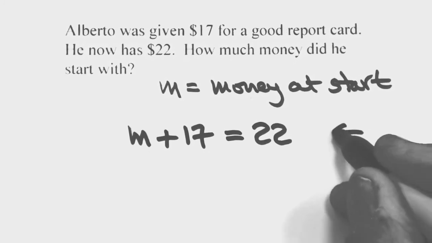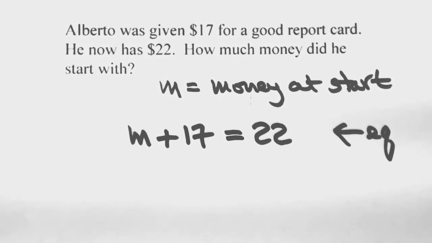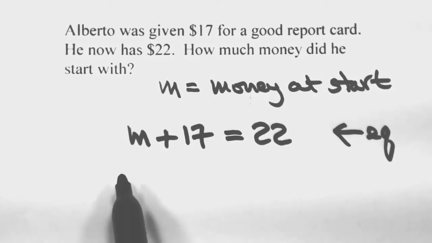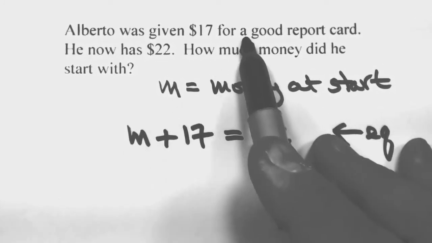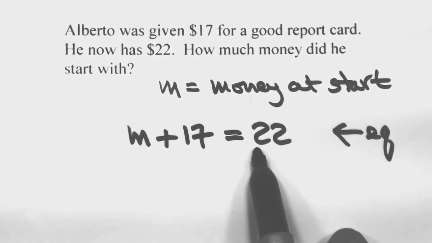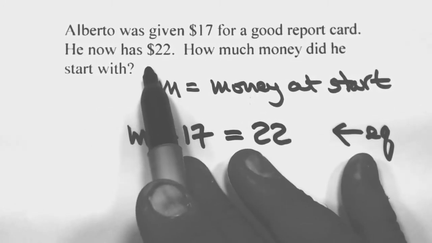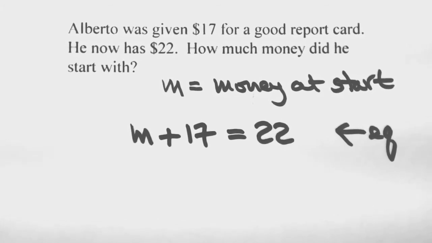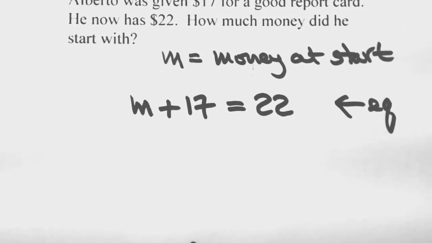Well, once again, there's the equation that we have here. You could use a different letter, but whatever you started with plus the 17 he was given equals the 22 that he now has. Okay, well, as always, if we were solving for this, remember our goal is to have M equals whatever number the answer is.